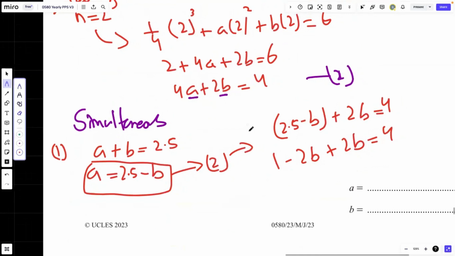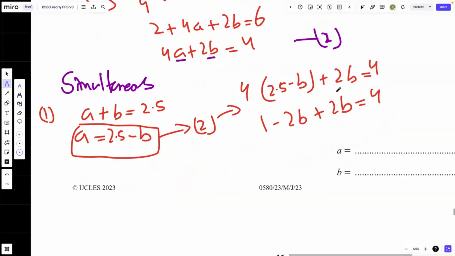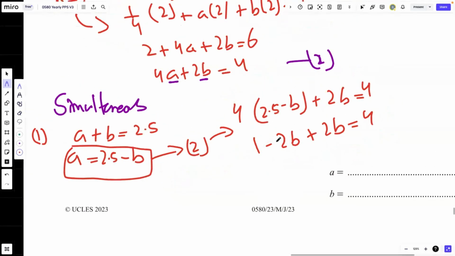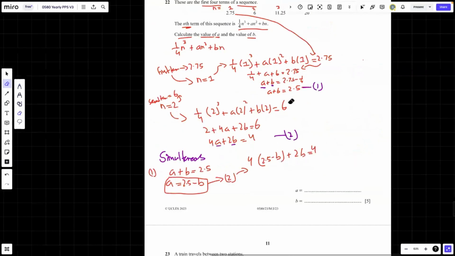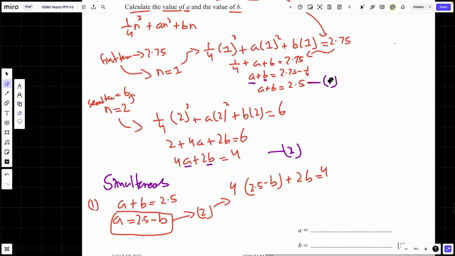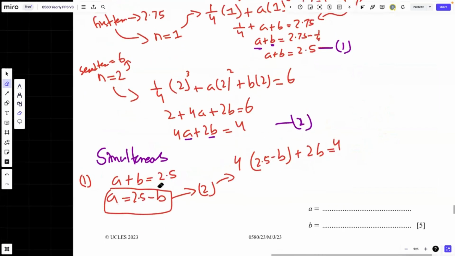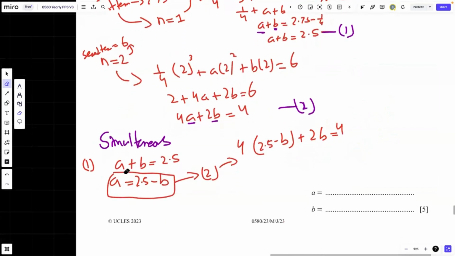So it's going to be 4 times a plus 2b. So let's rewrite this again. Yeah, we have the two equations. A plus b equals 2.5. That's the first equation. This is the second equation after correcting for the errors. And then we solve this simultaneously. We make a substitution introducing the first equation. So we substitute it in the second equation. And solving this further, this is going to give us 10.